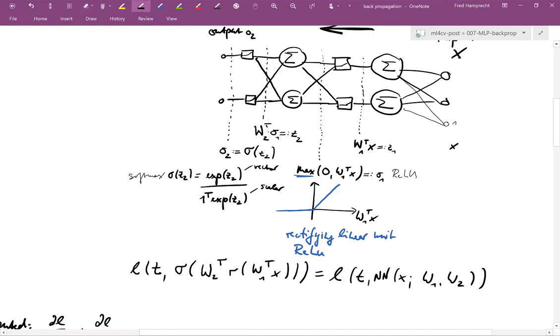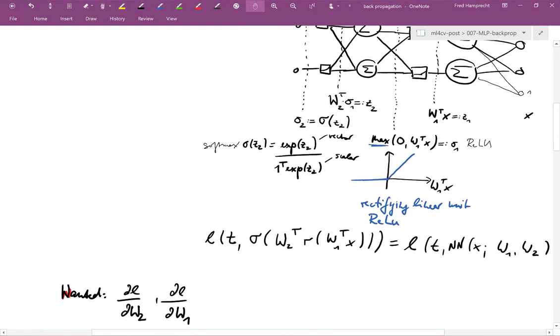So I could have written, and that's what's written on the right-hand side, I'm computing the loss between my ground truth target t and my function, which I've here called NN for neural network, which has some input x and depends on parameters W1 and W2.